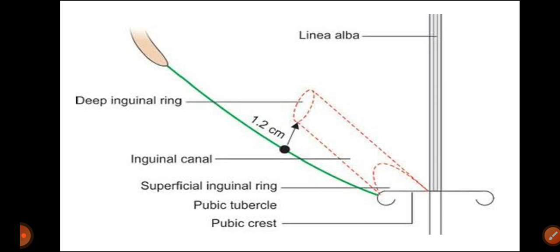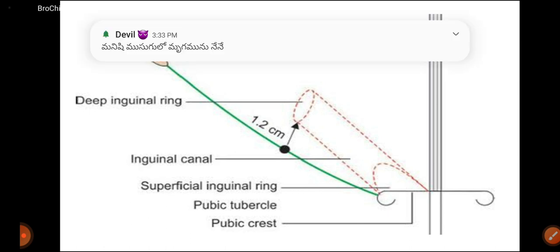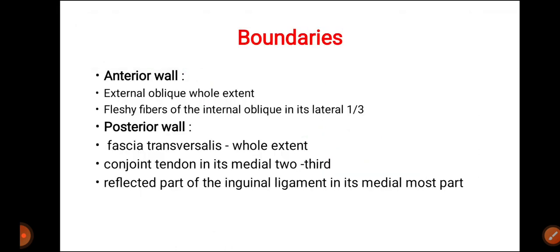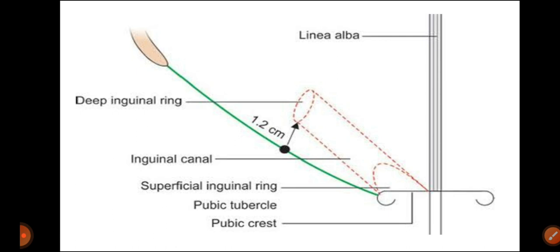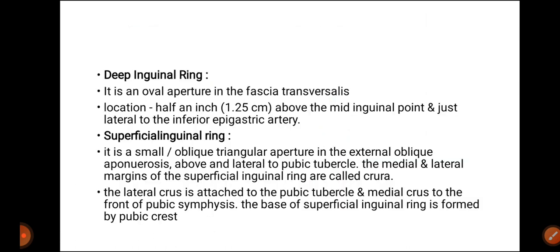Its base is formed by the pubic symphysis and its medial and lateral borders form the two crura. So the superficial inguinal ring is a triangular aperture in the external oblique aponeurosis. Here, the superficial inguinal ring is on the external oblique aponeurosis and the deep inguinal ring is on the transversalis fascia.